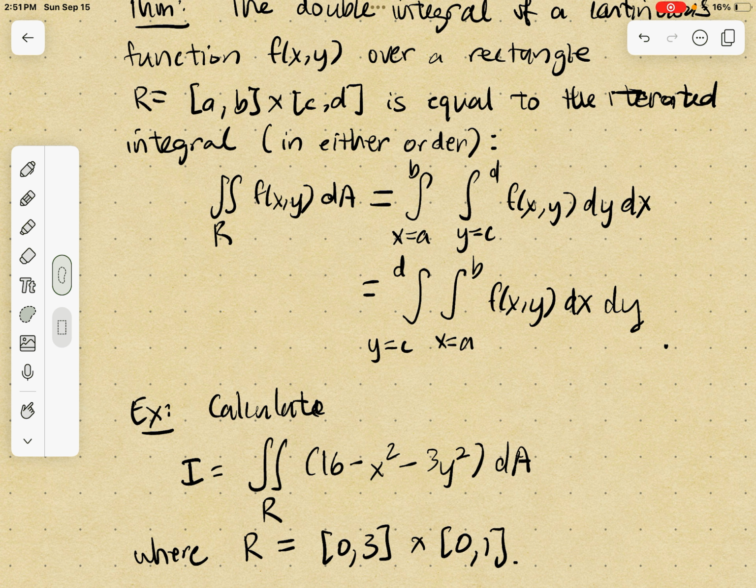And so you want to make sure that you know that you can actually do either order, because sometimes, I mean, in theory, they will turn out to be the same number, but in practice, it might be that one of the integrals is hard to do, and the other one is easy to do.